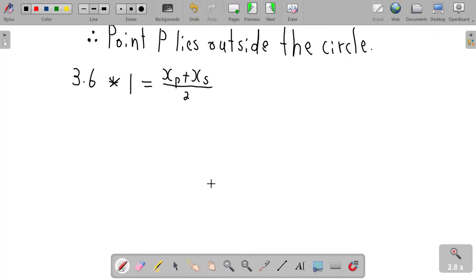And for the y coordinate, we say 0 equals y p plus y s, all over 2.